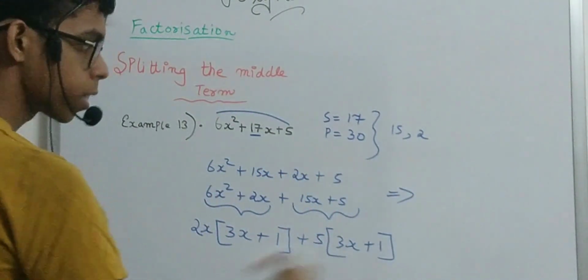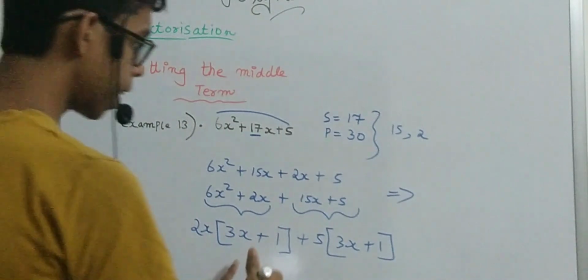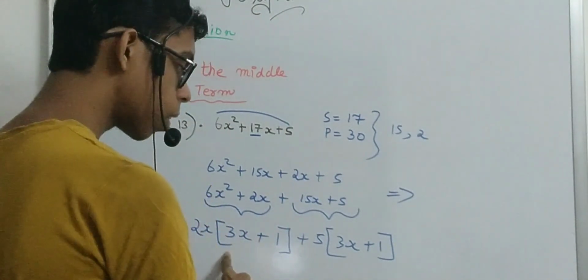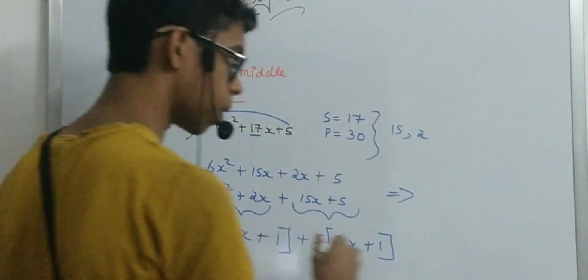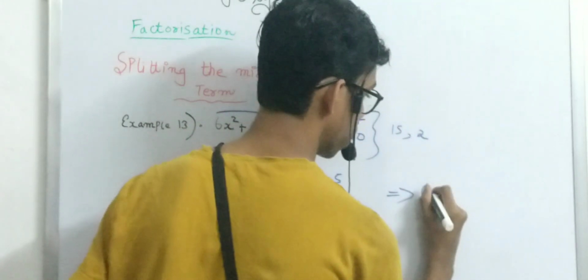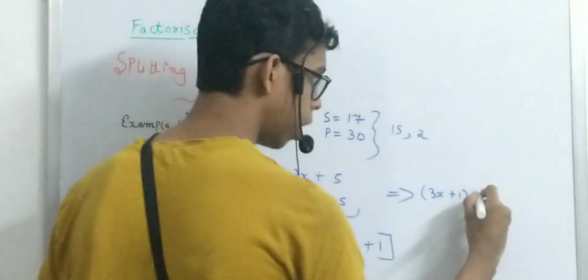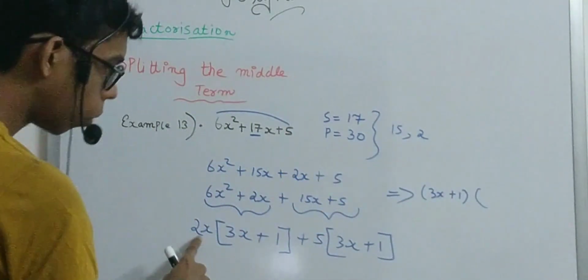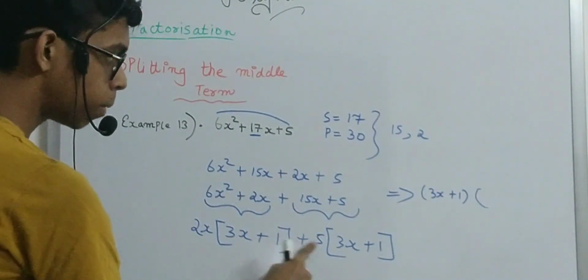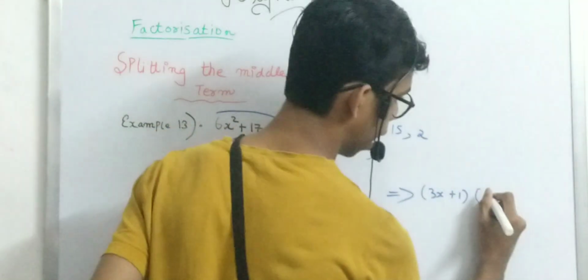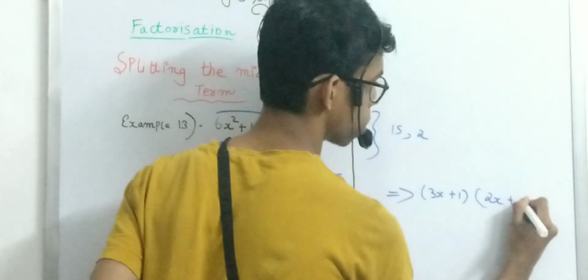We can take this 3x plus 1 common. Now since there are 2 3x plus 1, we can take it common. So I am writing 3x plus 1 over here into, now group this 2x and this plus 5. So from here I will get 2x plus 5.